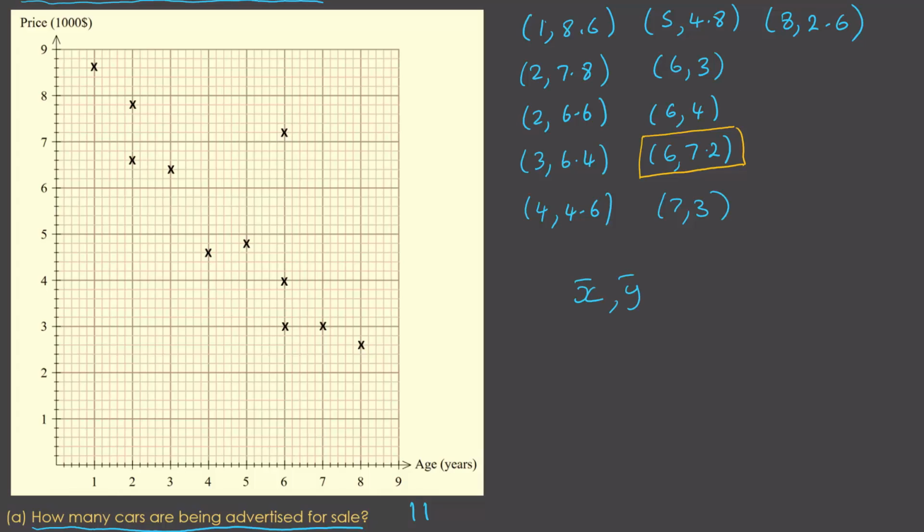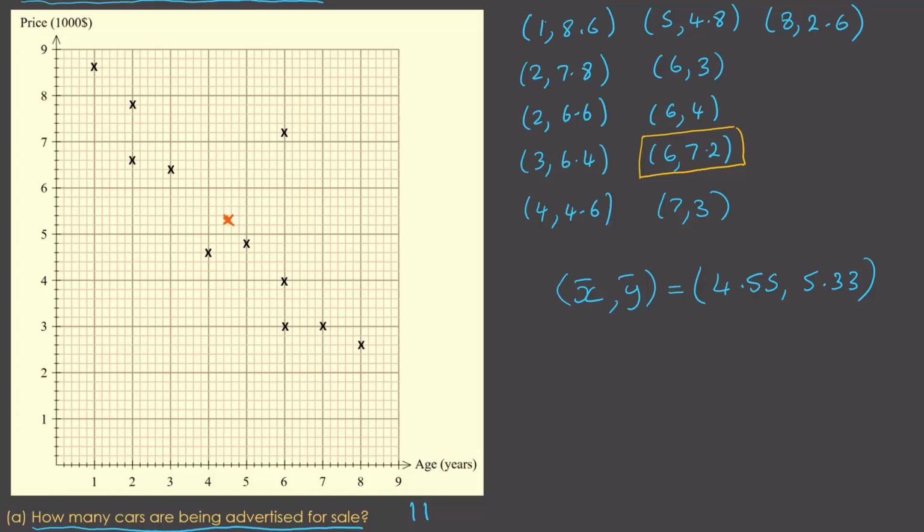If we do this for both the x and the y coordinates, and you can check that you get the same result, to 2 decimal places I got 4.55 and 5.33. The orange point that I just put onto the diagram is that point.